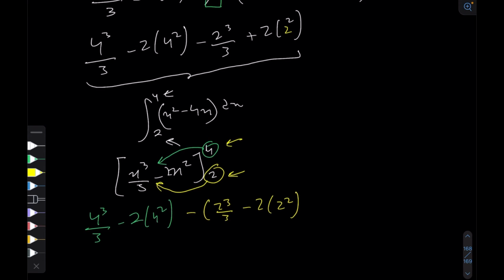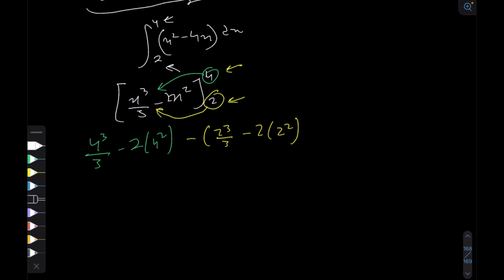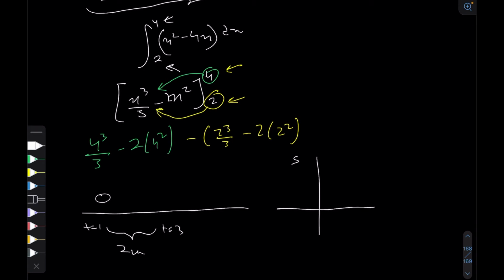An example of this would be that suppose there's a car, and from t equals 1 to t equals 3, let's say it covers a distance of 2 meters, and you're plotting a displacement time graph.